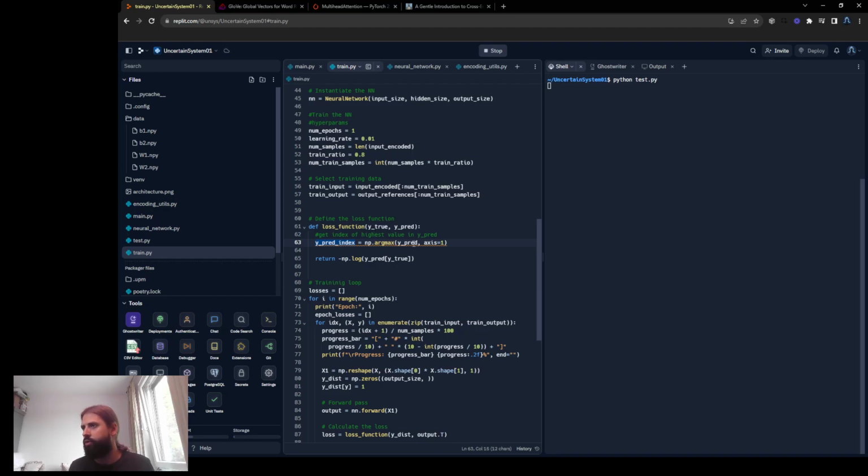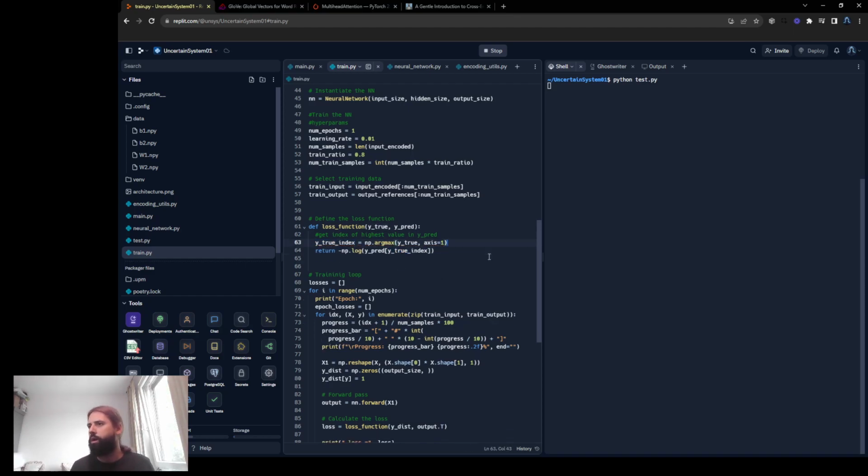In y true, as a true label, use the true index here. Then take a look at the ypred at that index, and that's the value, right? So then you do that.